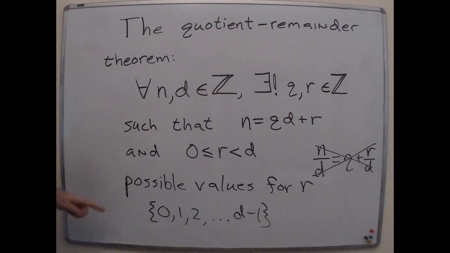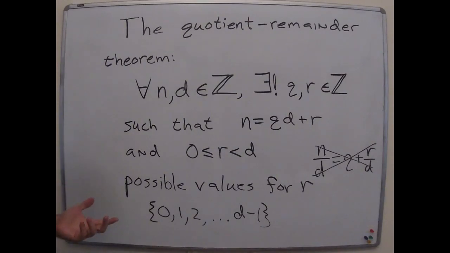So if we use the quotient remainder theorem, this is what we'll take advantage of, that the remainders are in one of these possibilities, right? And there's only d of them. So you have d cases that completely cover all the possibilities and that don't overlap with one another. Why?